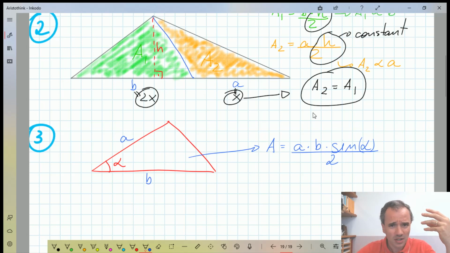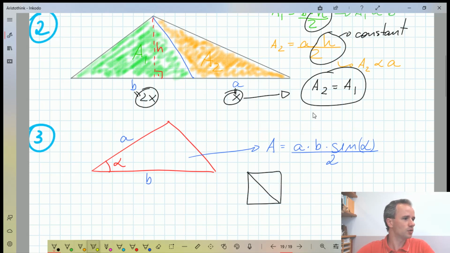And let's suppose that you forget. Is it sine? I don't know, is it cosine? Sometimes you might get some trouble and lose the formula. If you want to find this formula back, just think about a square. It's very easy. We are going to calculate the area of this triangle here.